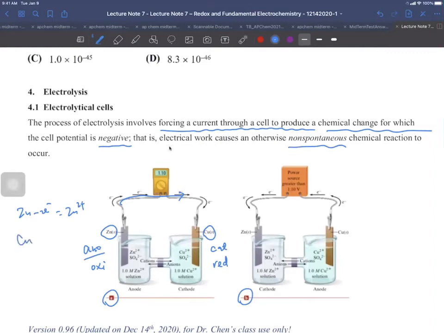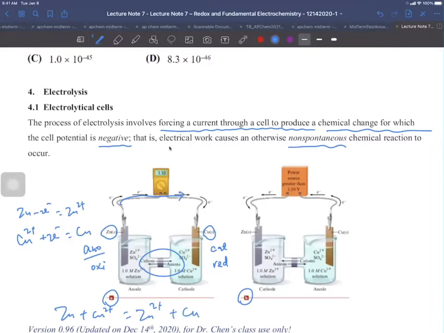The copper 2 plus gains 2 electrons and is reduced into copper metal. And then there is a porous membrane here. The overall reaction is zinc reacting with Cu2 plus to produce zinc 2 plus and Cu.